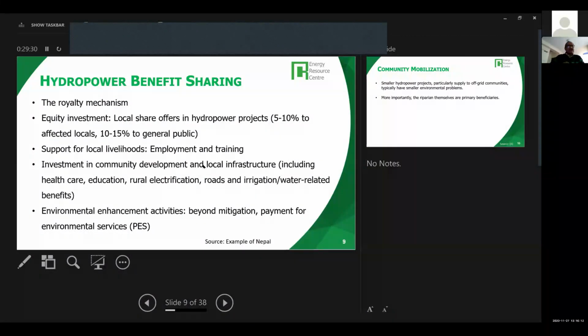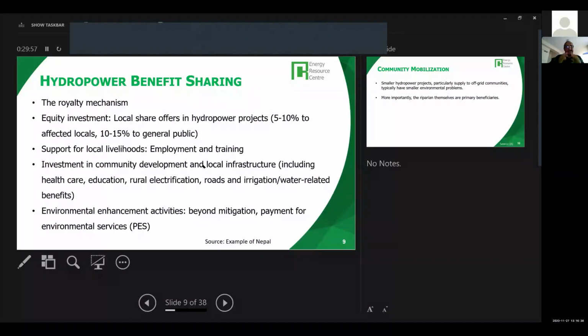A small village hospital is established, small schools are established, support to the schools, rural electrification, roads, and other benefits are also provided. And some projects also go beyond the direct mitigation measures, but they also go for what is known as environmental services.